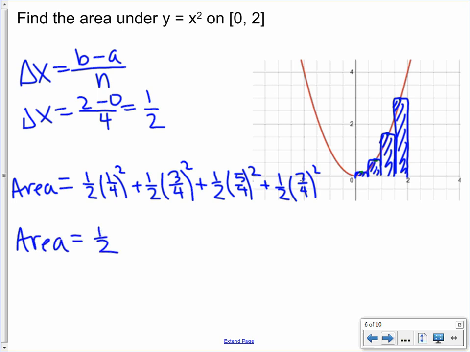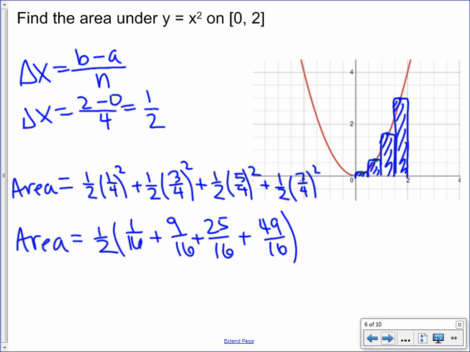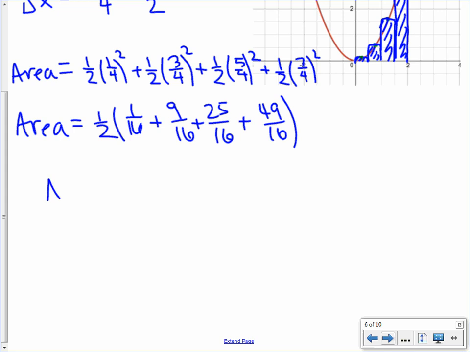Okay, so what we have is our width times the sum of our heights. From here on out, you can write it as the width times the sum of the heights, and that's what we'll do from here on out. We don't have to write that first part out.